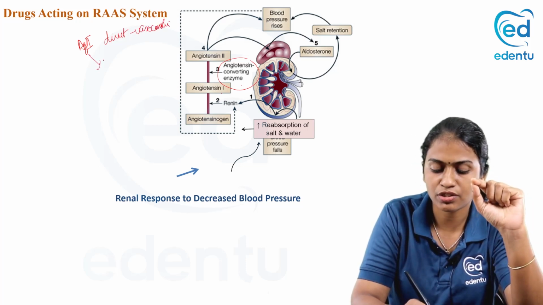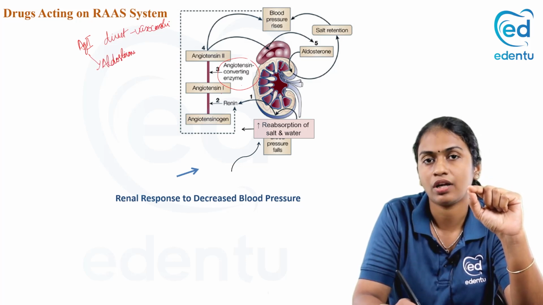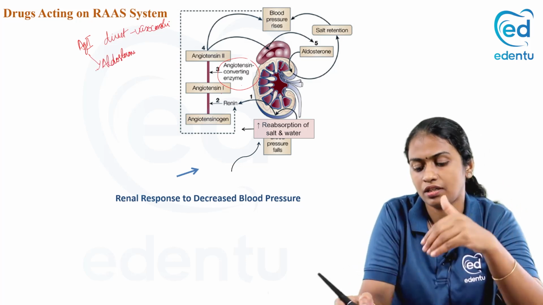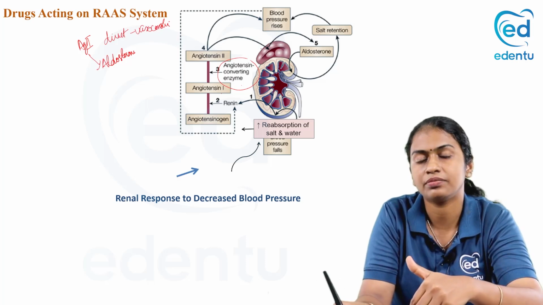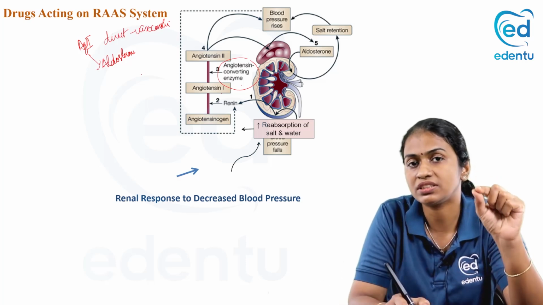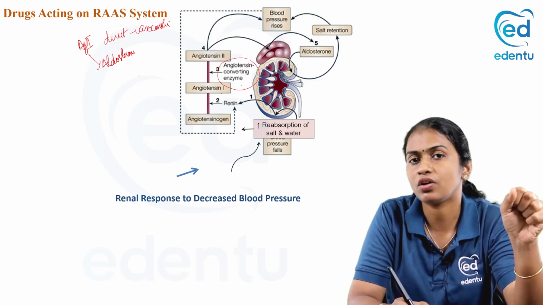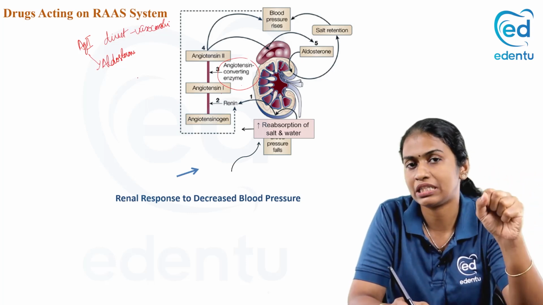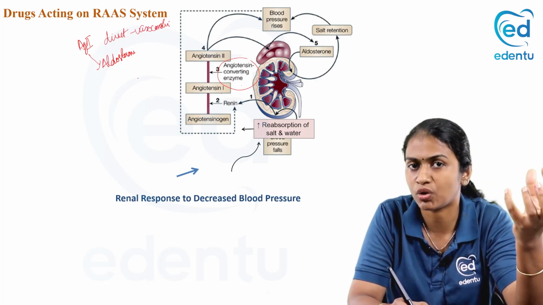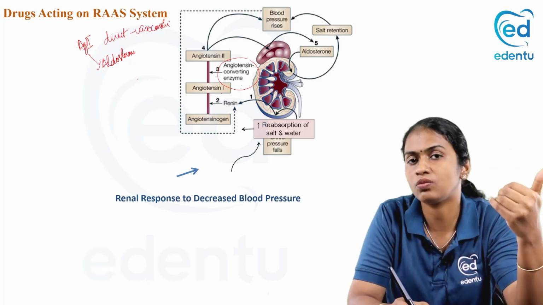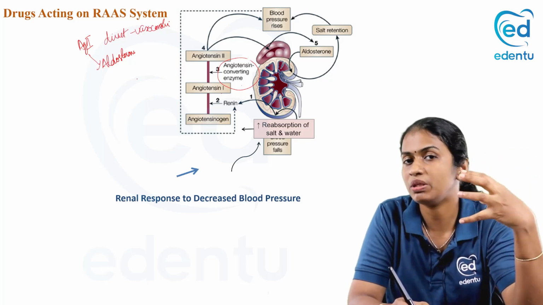Second action of angiotensin 2 is it causes the secretion of aldosterone from the adrenal cortex. And what does this aldosterone do? Aldosterone is a mineralocorticoid that will cause salt and water retention, and it is involved in cardiac remodeling. So because of the salt and water retention, also the BP rises.